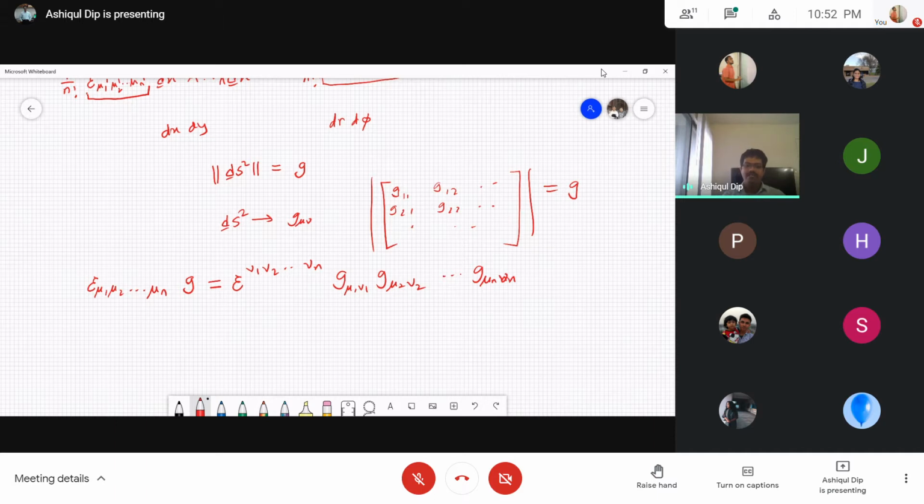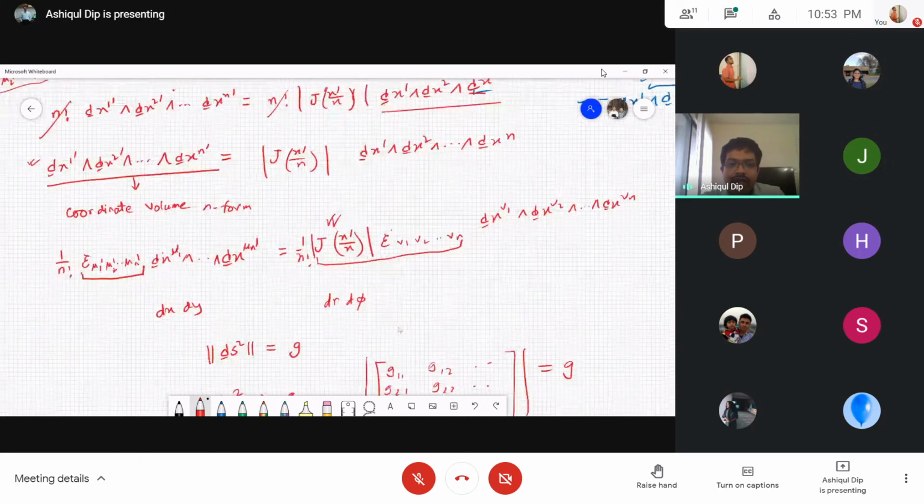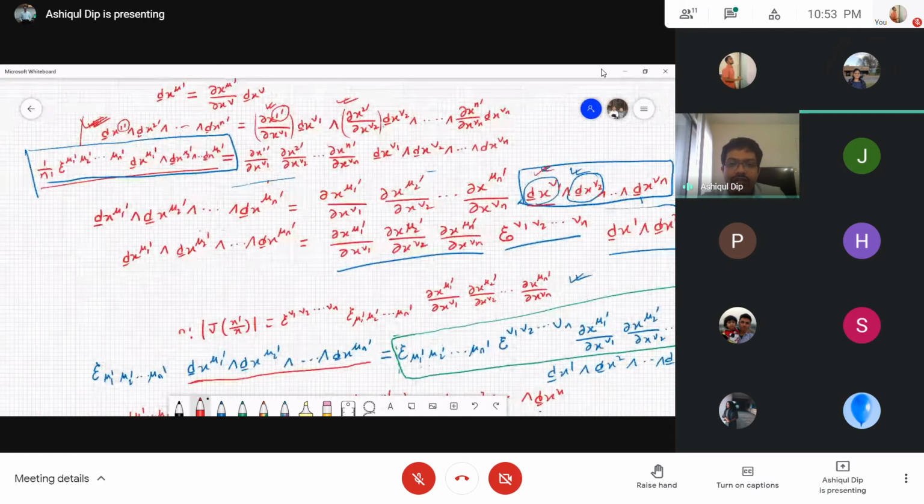So you could say this is our definition of g. Is this statement clear to everyone? For any object, we had the definition of determinant, right?